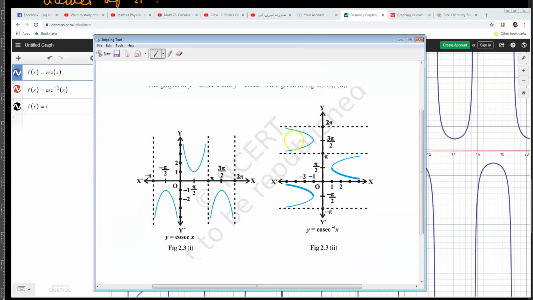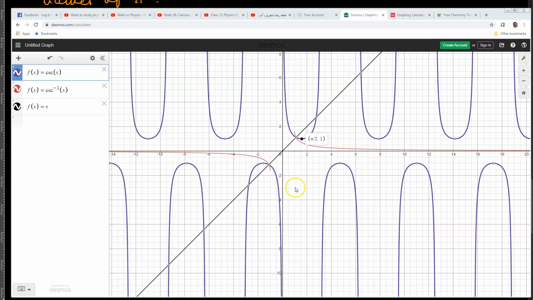The calculator has ignored all of these other parts, for example this part here, or this part over here, they all have been ignored by the calculator. So that was all about the cosecant function.